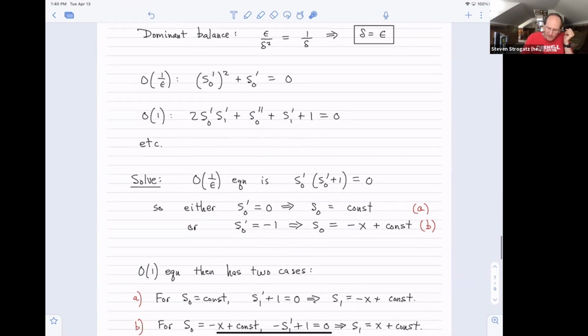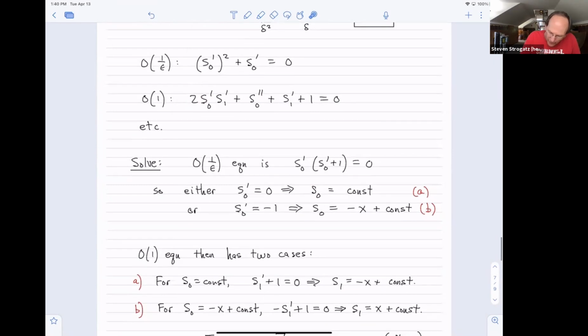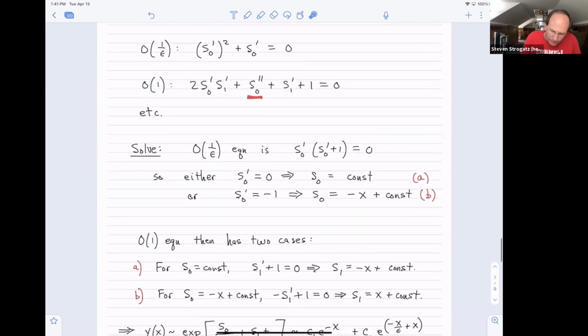Likewise, in case B, where S0 was -x plus a constant, when you look up here, thinking of S0 as -x plus a constant, here you would get a -1 term. Here we would get 0. So this -1 that's appearing here gives me 2 times -1 plus 1.